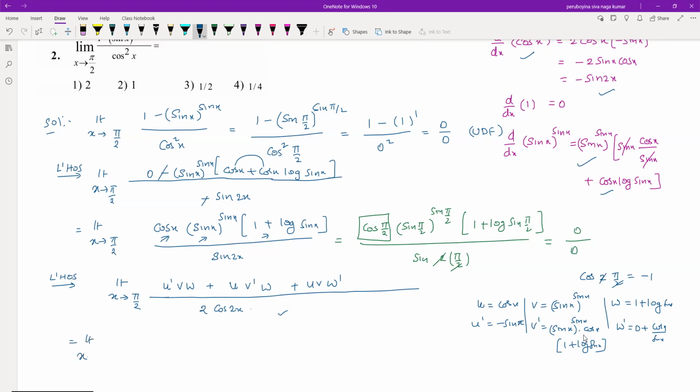So limit x tends to pi by 2, 2 cos 2x in the denominator. U dash means minus sin x. V means sin x power sin x. And W means 1 plus log sin x.